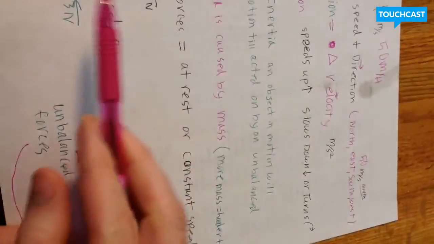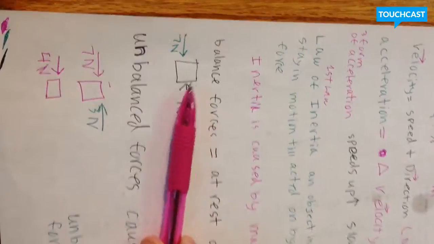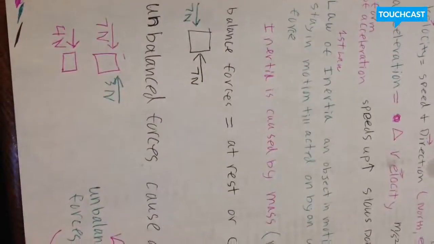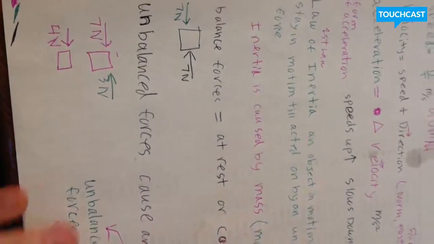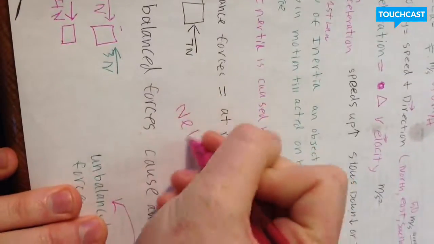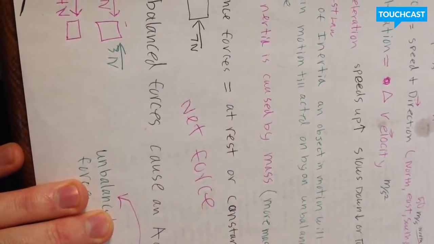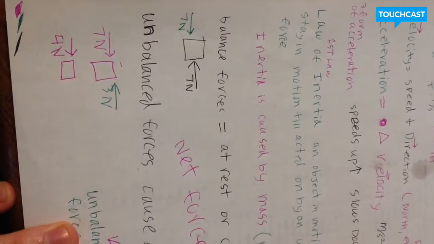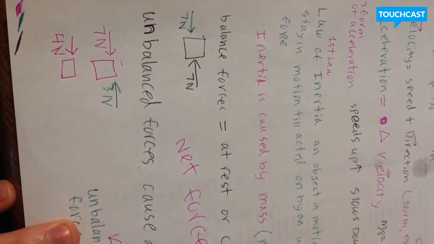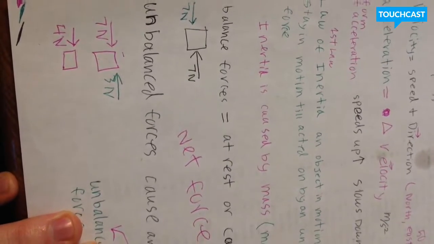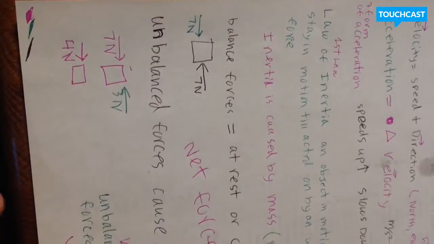Now let's go ahead and transition into balanced and unbalanced forces. So, you'll see the term net force on the test. All that means is you've added or subtracted all the forces together, and the net force is the remainder of what you have left over.